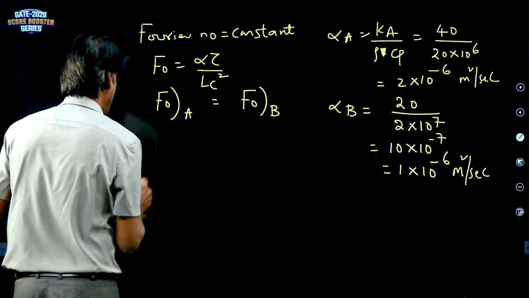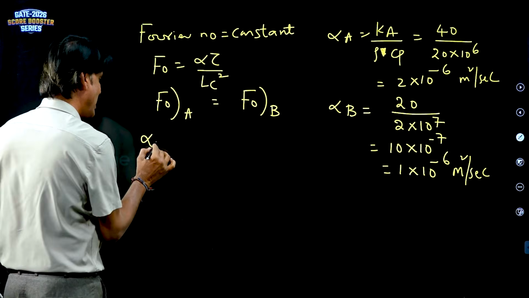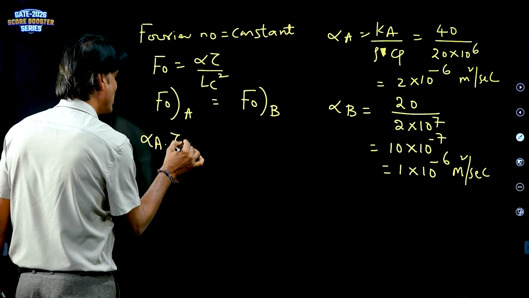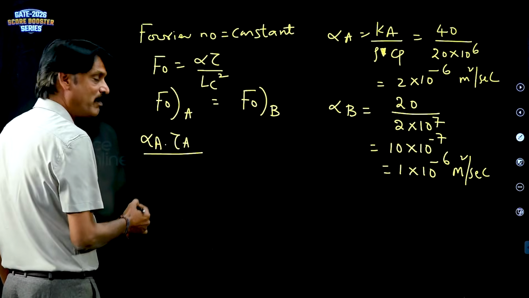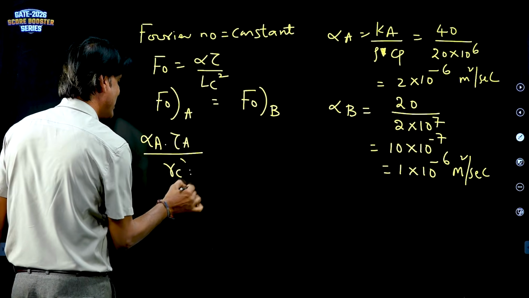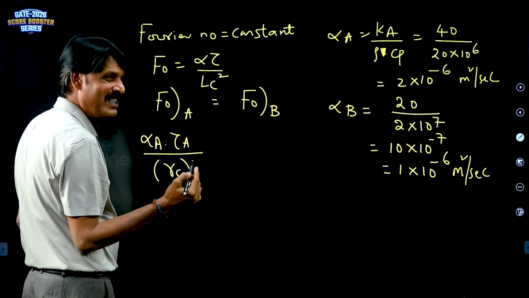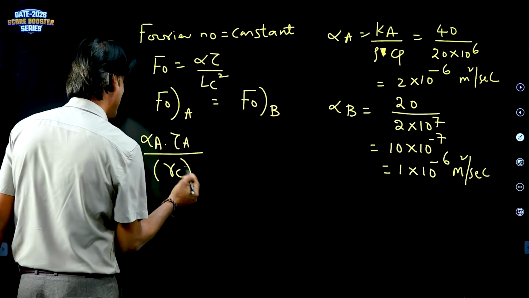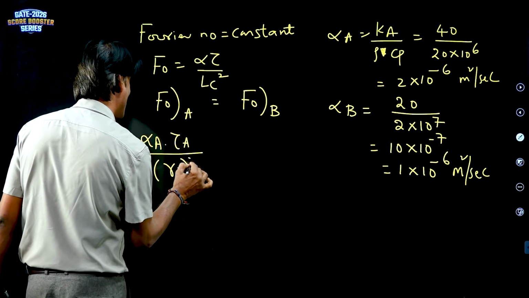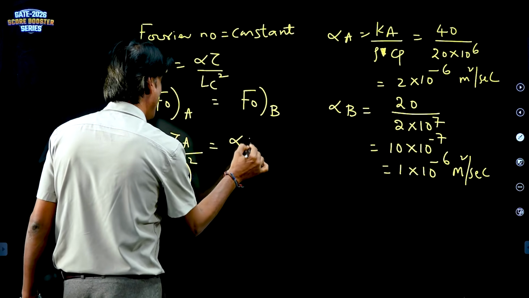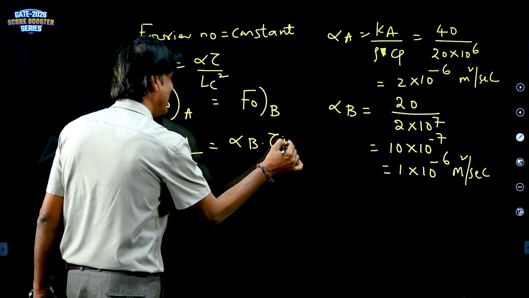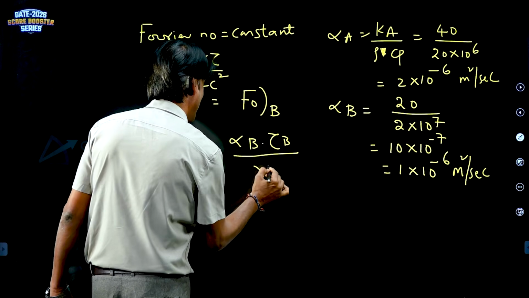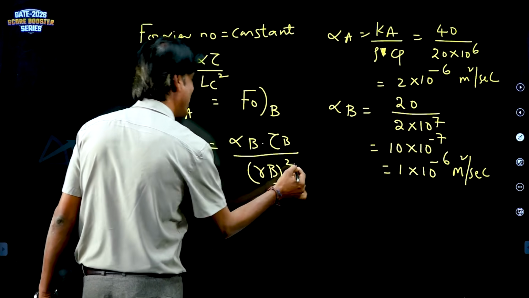So if I am writing it, alpha A into tau A divided by radius of A square, this is the characteristic length, R by 2 basically, is equal to alpha B into tau B divided by radius of B square.